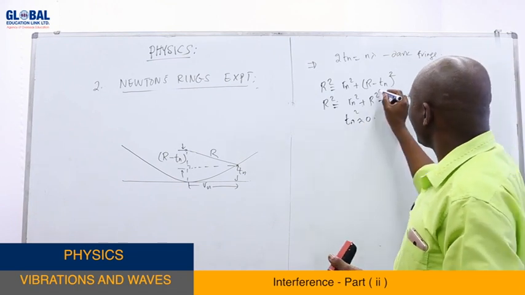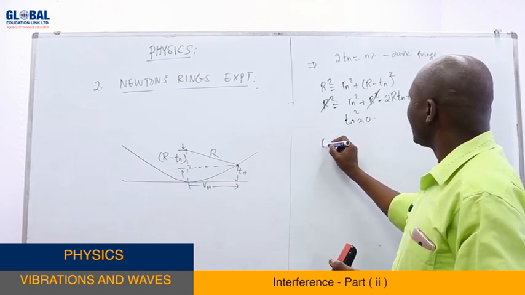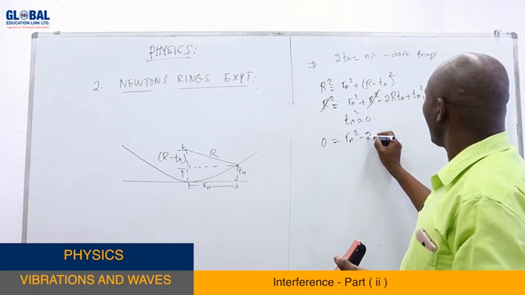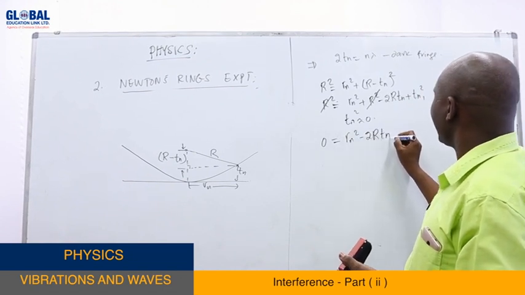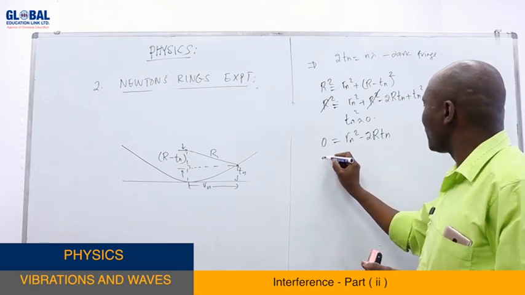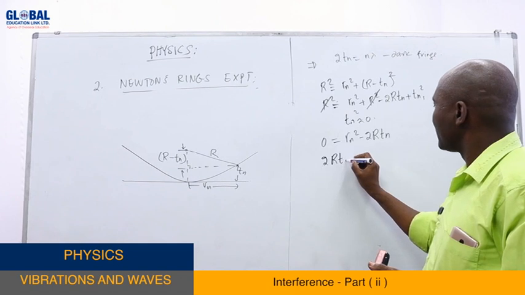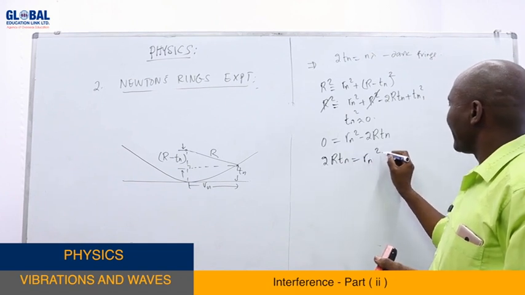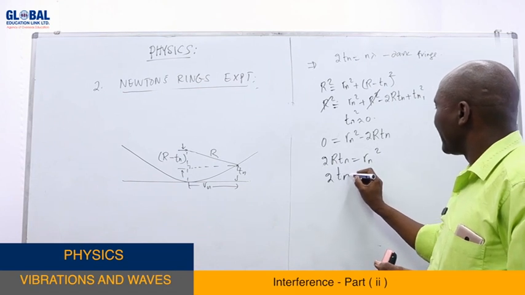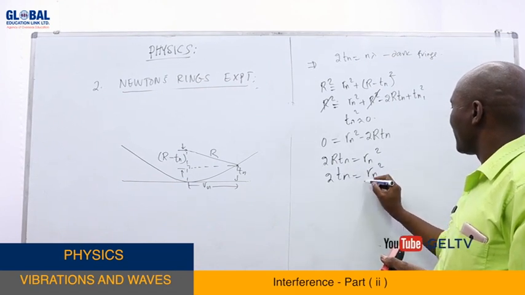And now we cancel out, and then you have 0 equals Rn squared minus 2R Tn. So if you make the subject, you have 2R Tn equals Rn squared. And if you divide by R, you have 2Tn equals Rn squared over R.